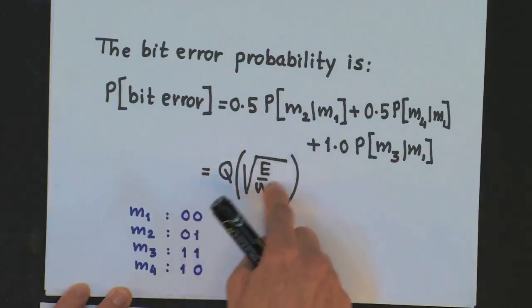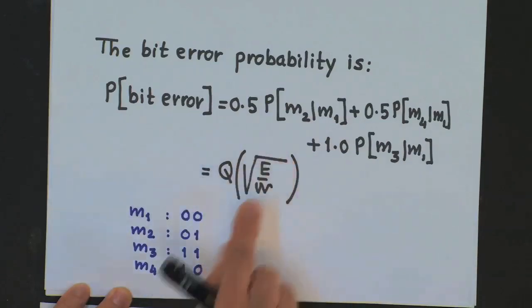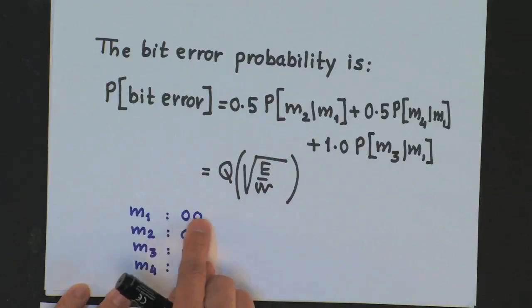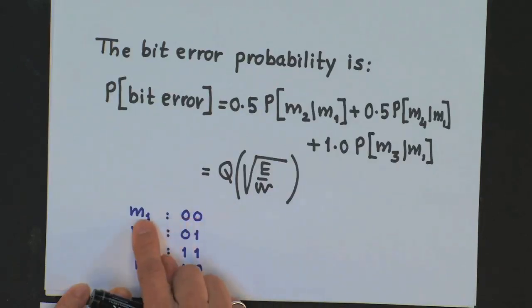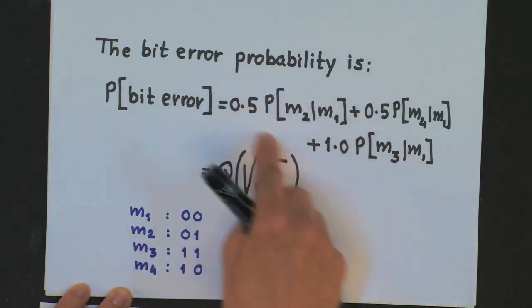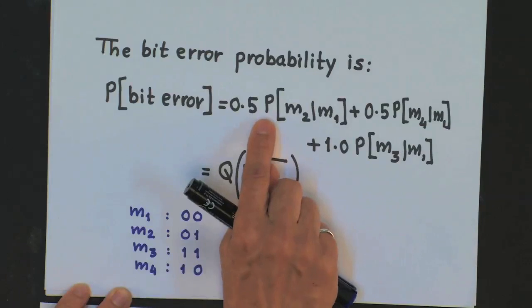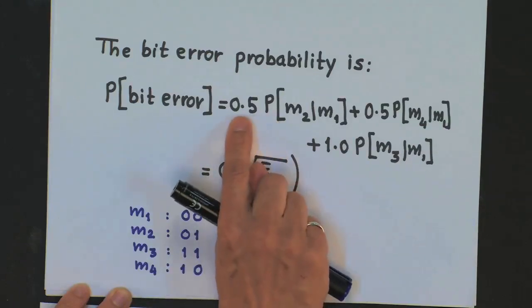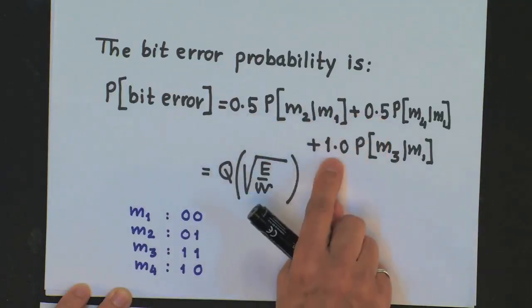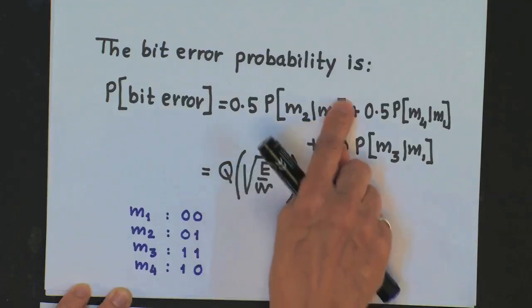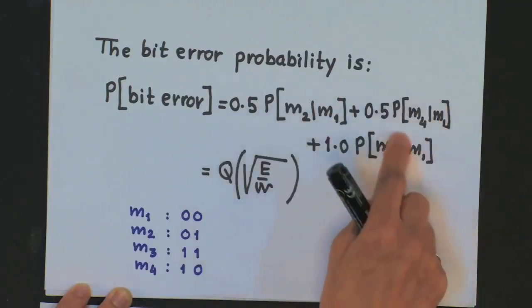So, from the above derivation, it is clear that the way each information bit pair is mapped to a message or signal influences the bit error probability. Specifically, the mapping determines how the probabilities 0.5, 0.5 and 1 are associated with the 3 error probabilities here.